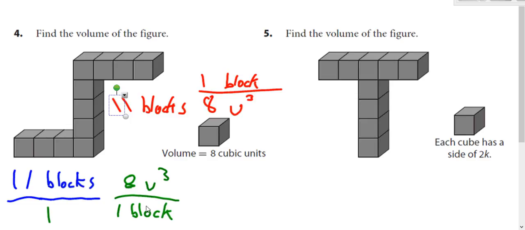So you'd multiply that, the blocks cancel, 11 times 8, you get 88 cubic units, U cubed.